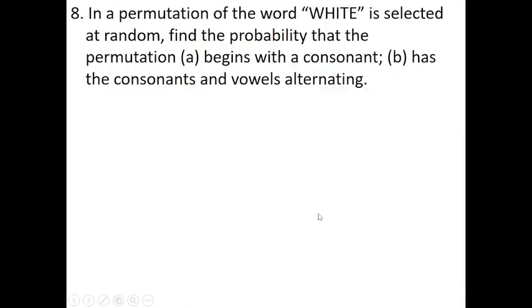Okay, number 8. In a permutation of the word white, one is selected at random. Find the probability that the permutation begins with a consonant. Letter B has the consonants and vowels alternate. So here's a solution. Begins with a consonant.